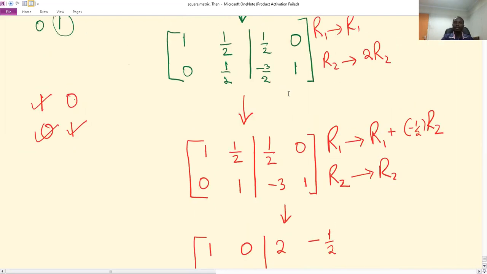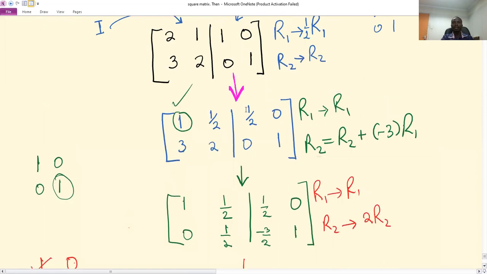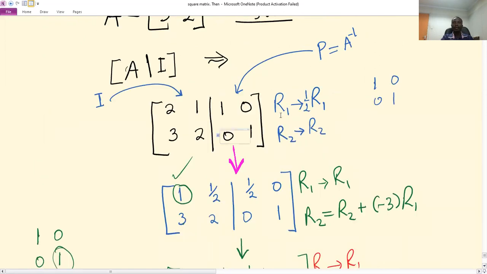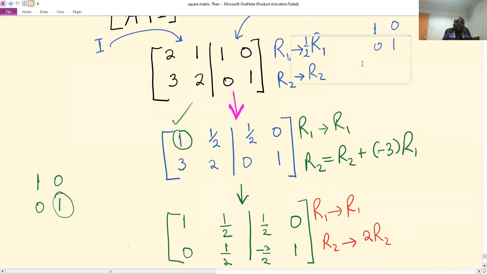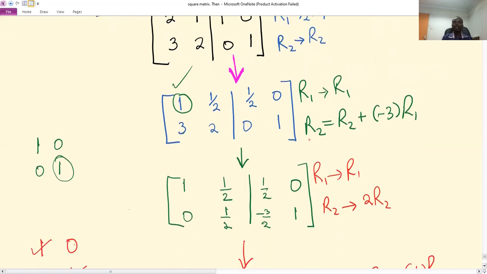And then, so this position was 3, the first one we started with, multiplying by a half. So a half, this a half, 0, that's fine. 3, 2, 0, 1, that's okay. And then row 2, so we have 3 minus 3, 0, 2 minus 3 over 2 is a half.